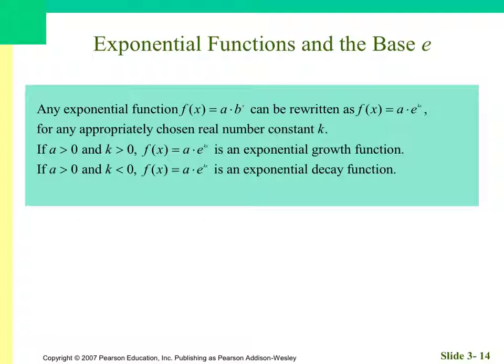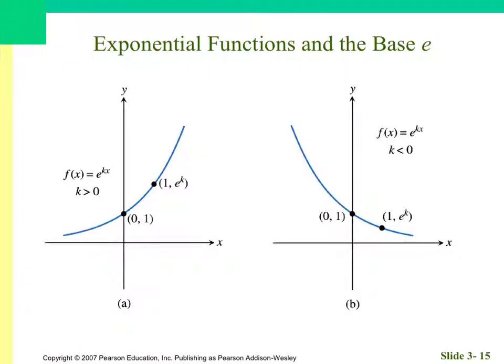So let's look at this. Here's the shape of these graphs, okay? Because again, if x is 0, anything to the 0 power is 1. And then these are always e to the k.